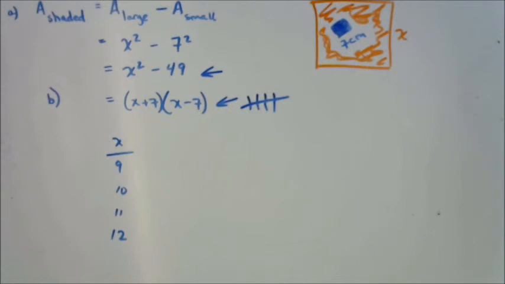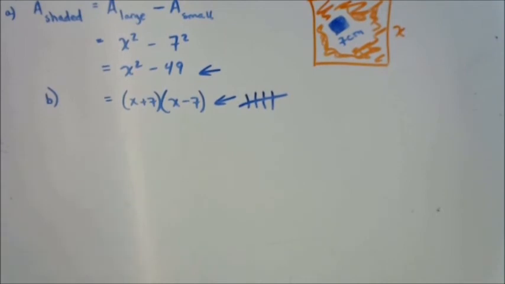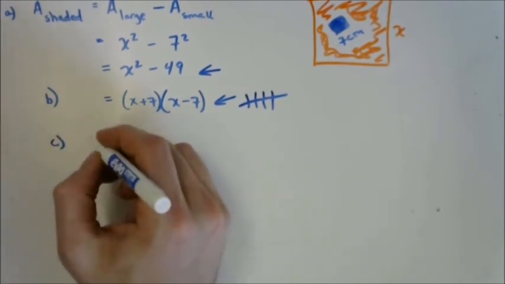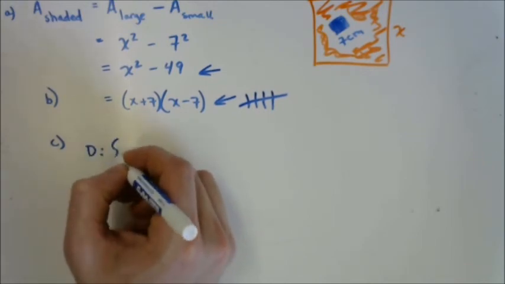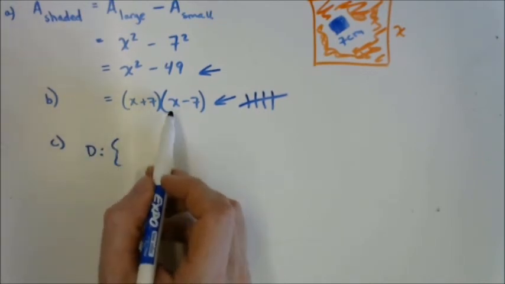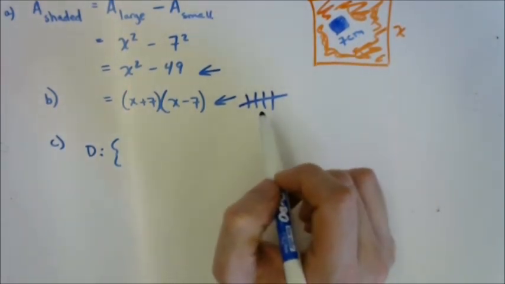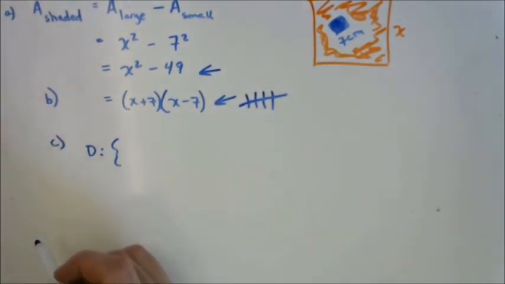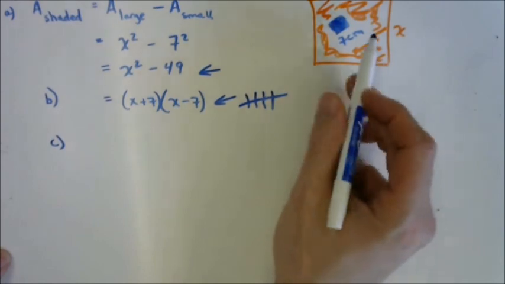Okay, D. What is the domain of the area of this function? So when we're asking about the domain, we're basically saying, are there any restrictions on x? Can x be any value? What do you think? In a real life scenario, we're talking about area.